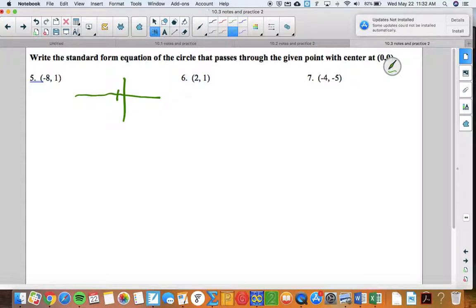So the circle goes through the center of 0, 0, but we know that a point on the circle is negative 8, 1, which would be right there. So I guess from here I can kind of sketch a circle. Something like that.